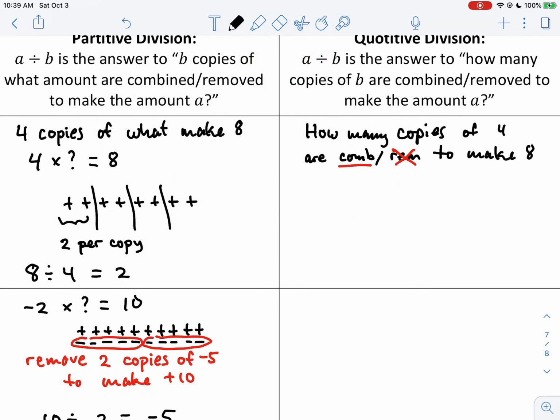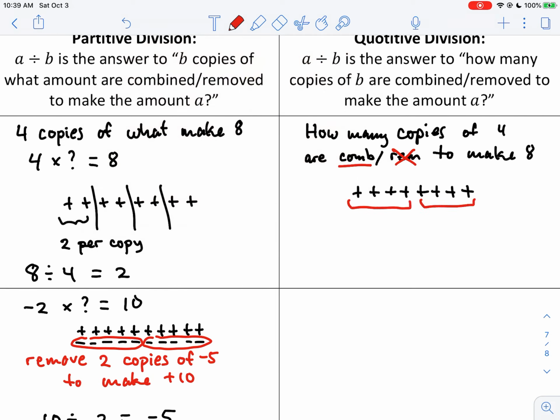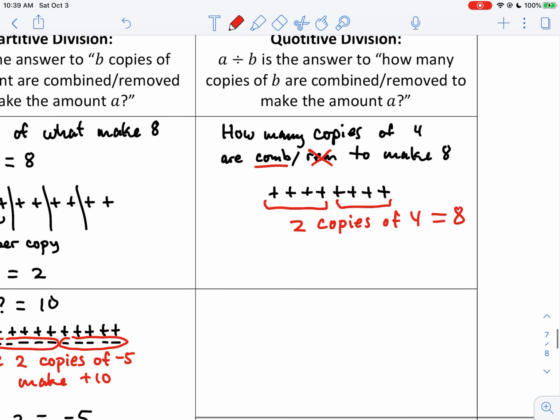And so then I'll repeat the model I just had. You can start with the 8, start with the end amount, and then start grouping them in groups of 4. And I see 2 copies of 4 will equal 8. We'll combine to make 8.